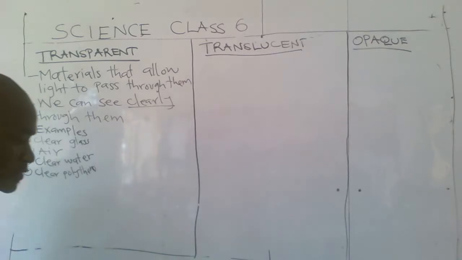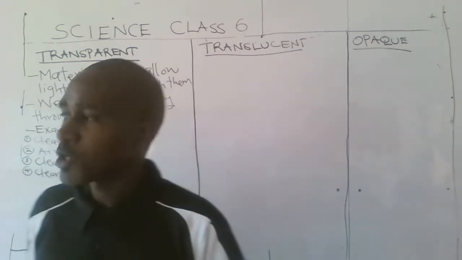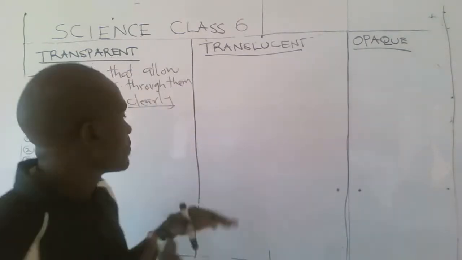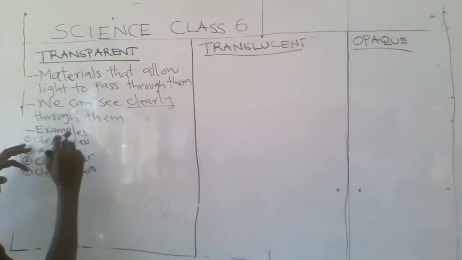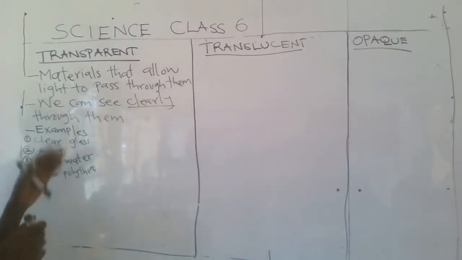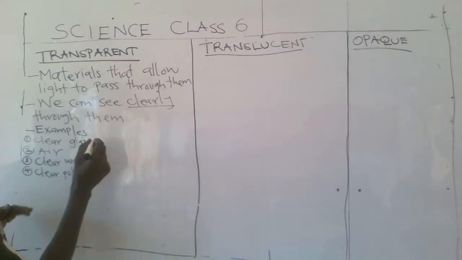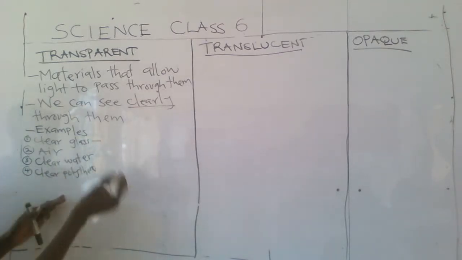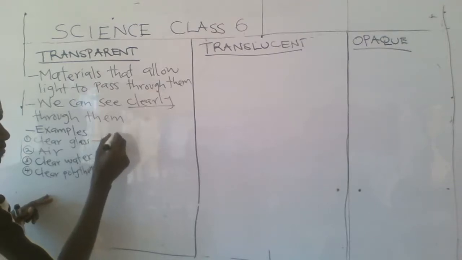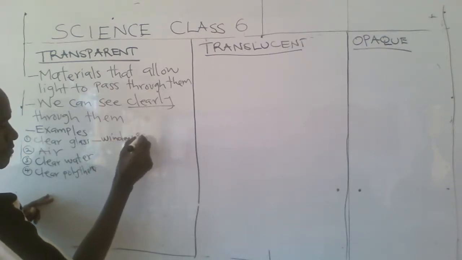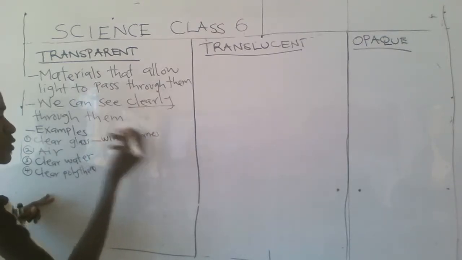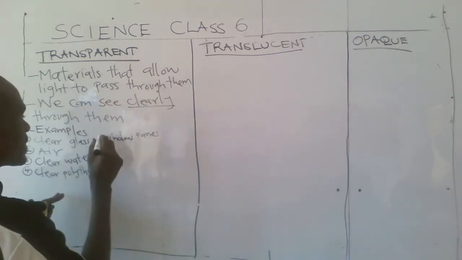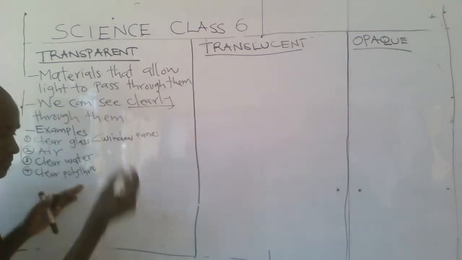These are examples of transparent materials. Now when we talk of clear glass, what do we use clear glass for? We can use clear glass to make things like window panes. We can use clear glass to make spectacles.